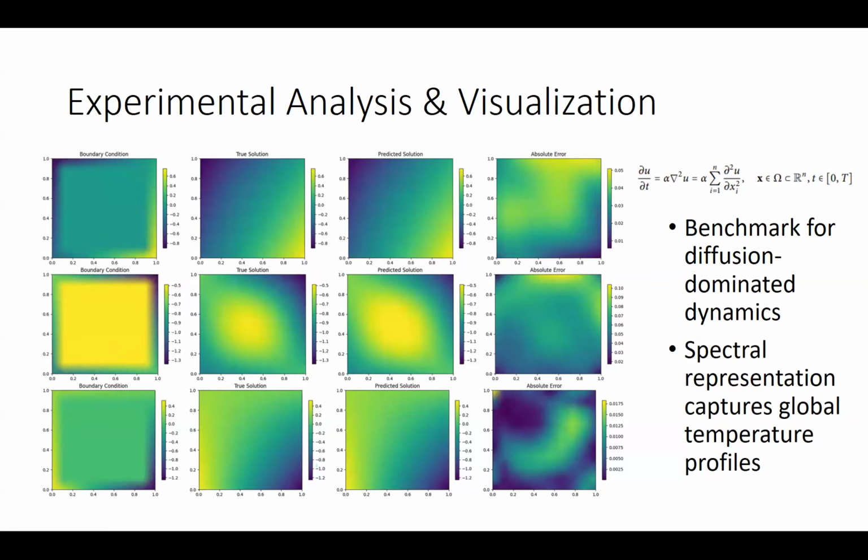The error, as you can see, is distributed very evenly, and it remains especially low across the entire domain, staying mostly under about 0.01. I guess this confirms that the explicit Chebyshev branch is effective at capturing global and smooth temperature profiles.